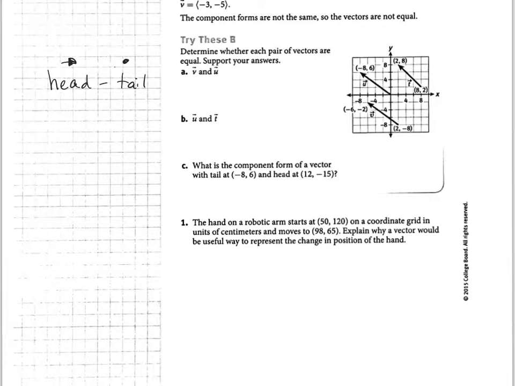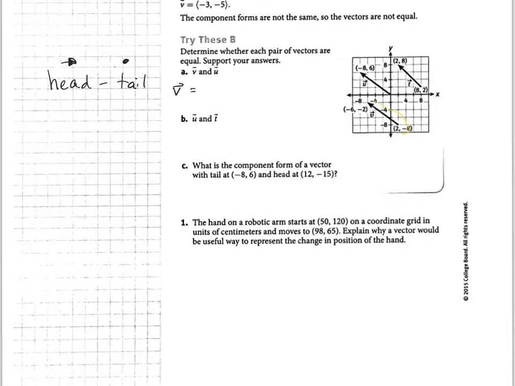So we're supposed to find out if each pair of vectors are equal. By supporting your answers, you're just showing your work. For vector V, we can get the points right from the picture, which is nice because they went ahead and labeled the points for us. So for vector V, we want to make sure we start at the head and subtract the tail. Where's vector V?